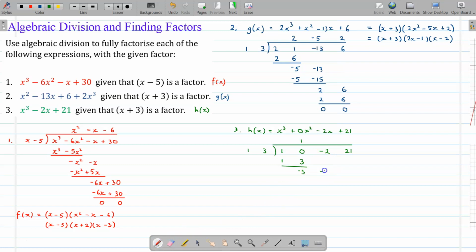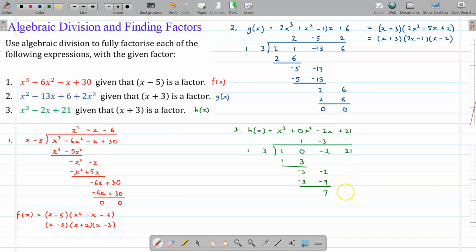Then I say, how many times does 1, 3 go into minus 3, minus 2? Just look at the first number. How many times does 1 go into negative 3? It goes negative 3 times. Which makes negative 3, and negative 3 times 3 is negative 9. Do the subtraction again, see what's left. Minus 2 take away minus 9 is minus 2 plus 9, which is 7.